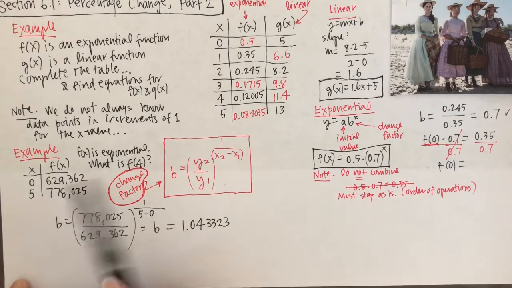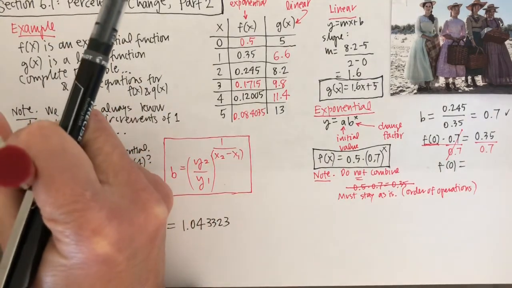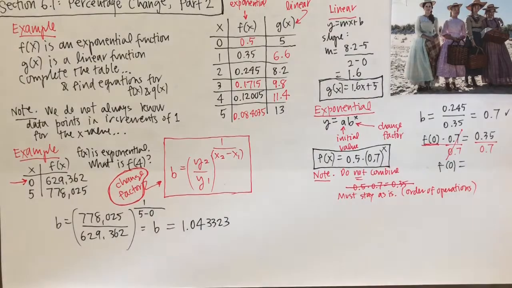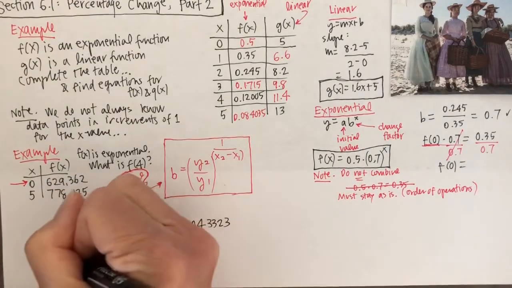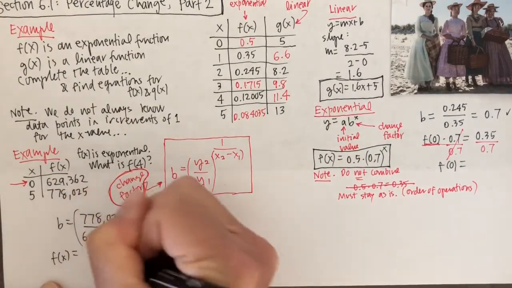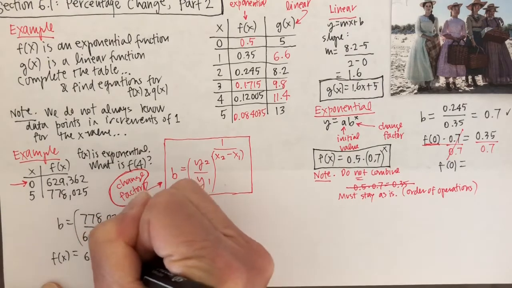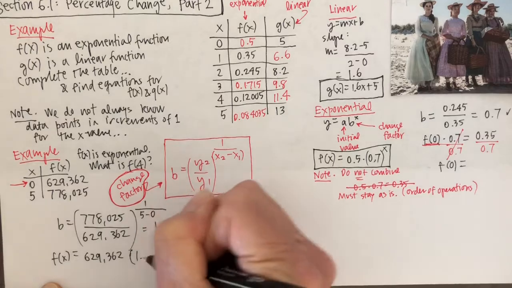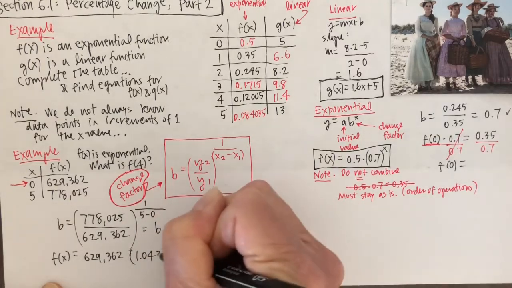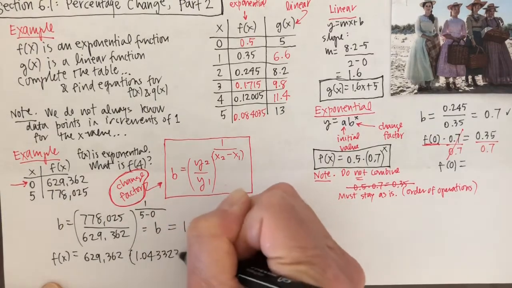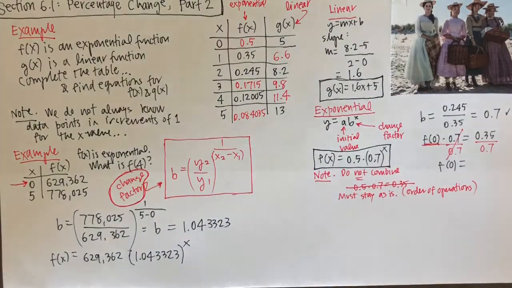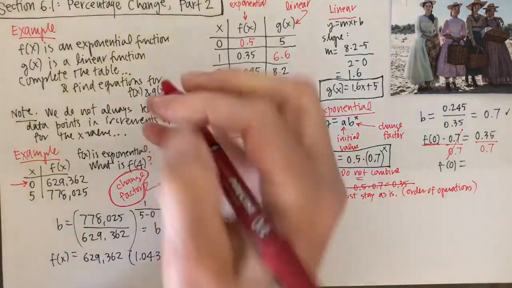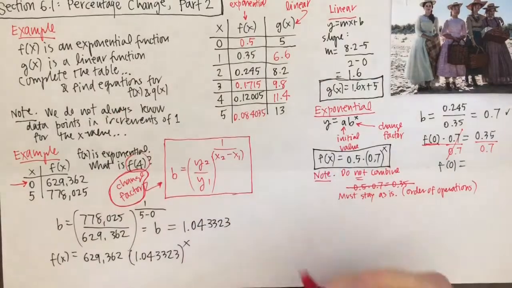This was my initial value because luckily they gave us the y value when x is 0. So it turns out f of x equals 629,362 times our change factor, 1.043323 to the x. That's our general formula, and we'll do the thing that they asked us to do, which is find f of 4.